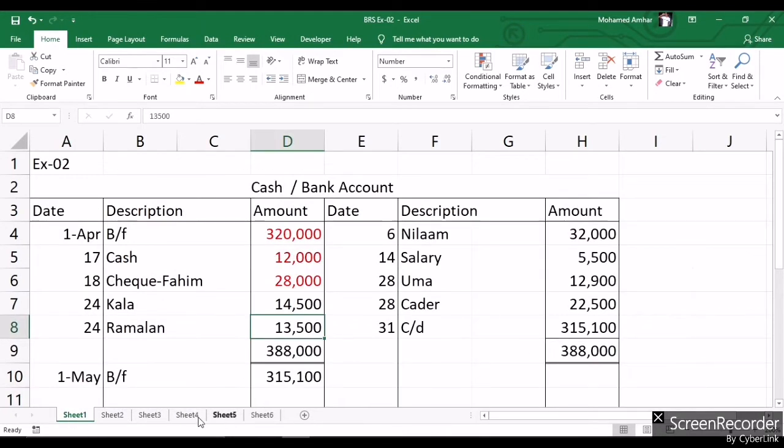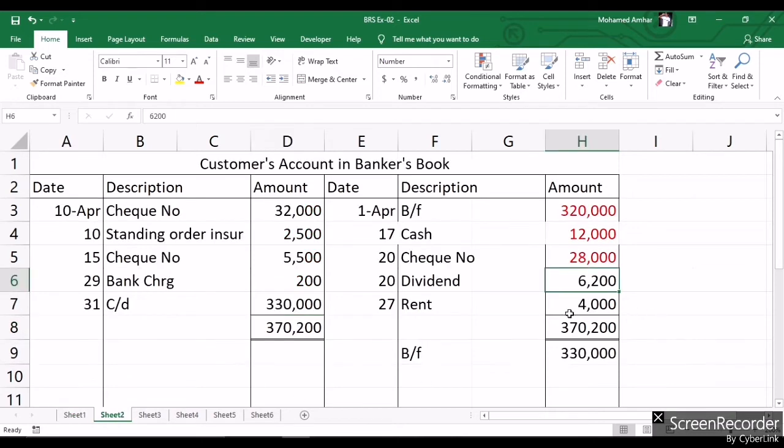check that another amount, rent received 4,000. Actually rent of 4,000 is not receivable to the organization, but the bank has credited it in the customer's account.